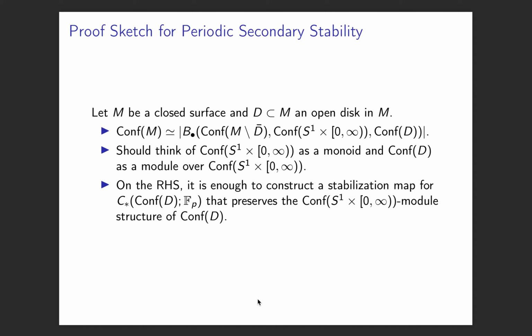And I'm being a little bit sloppy here. You have to change a little bit of the structure of the configuration spaces on the right-hand side of this bar thing, but I don't have that much time to go into it.